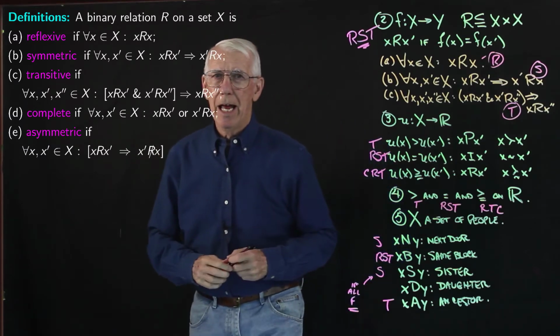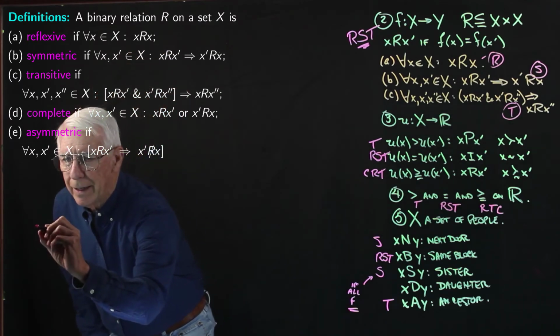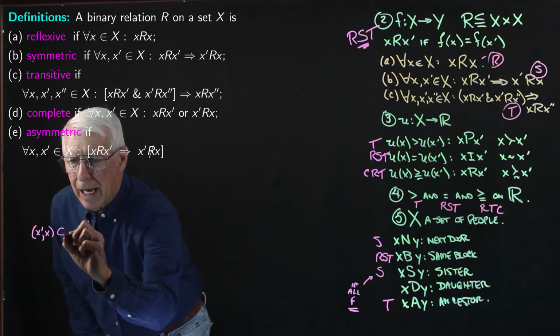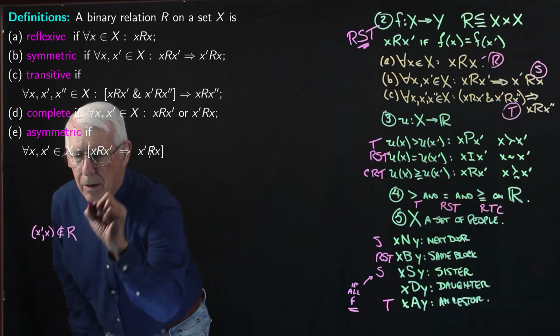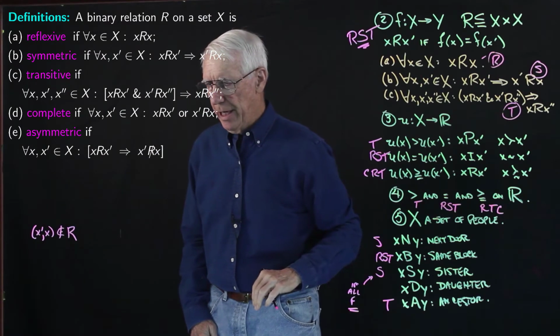In other words, x prime x is not in the relation R. That's the consequent of this implication.